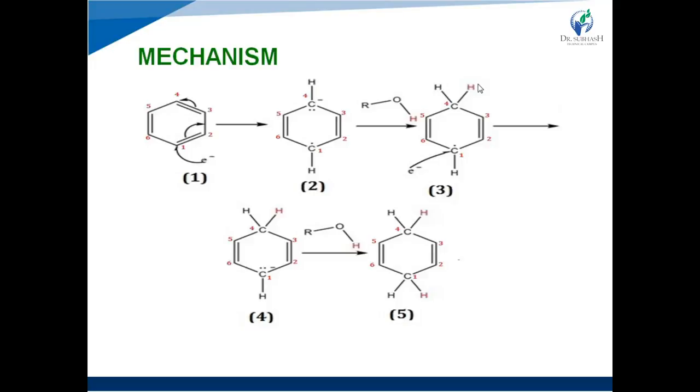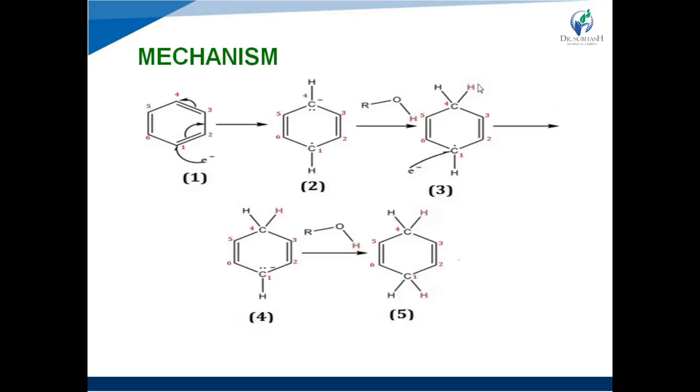In the second structure, the double bond between first and second has moved between second and third carbon, and the double bond between third and fourth is broken, and the electron is on the fourth carbon in free form.